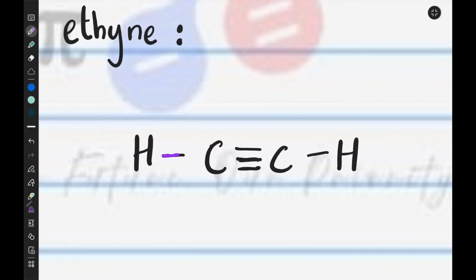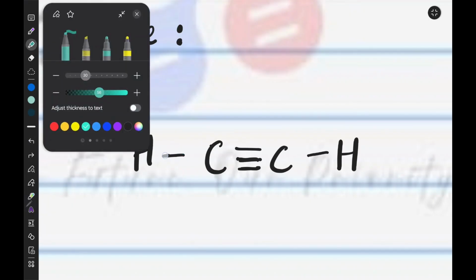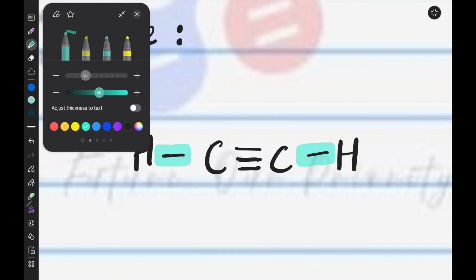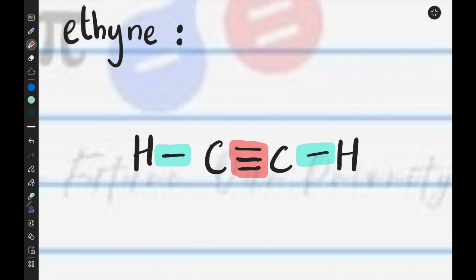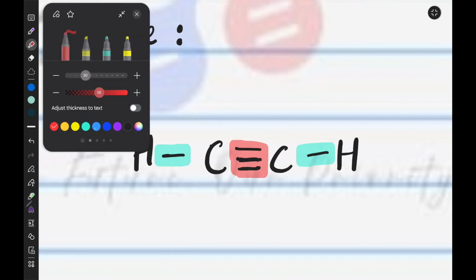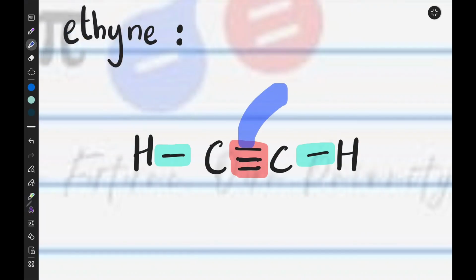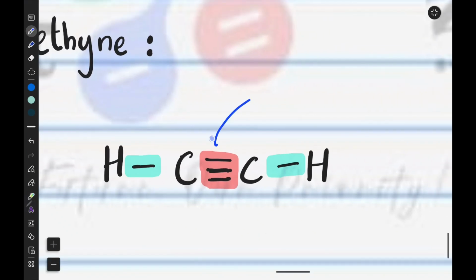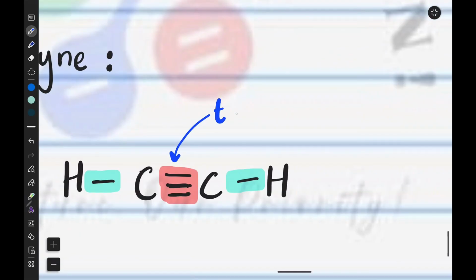So these are our single bonds, and this now is our triple bond. So that's what a structural formula looks like.